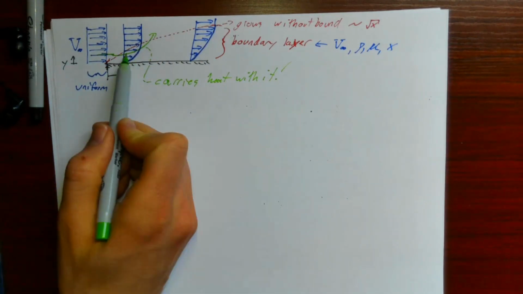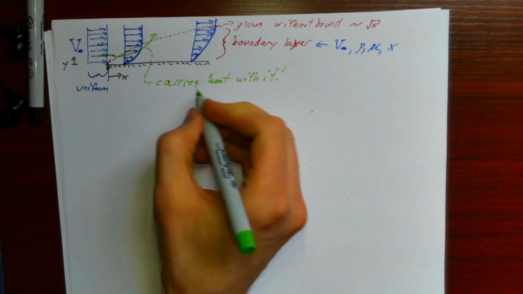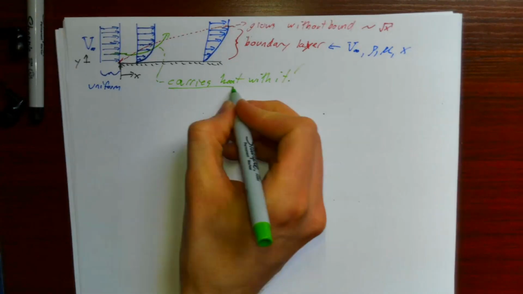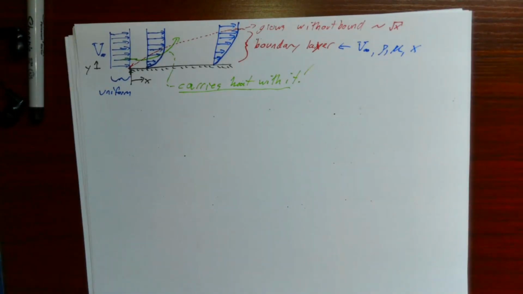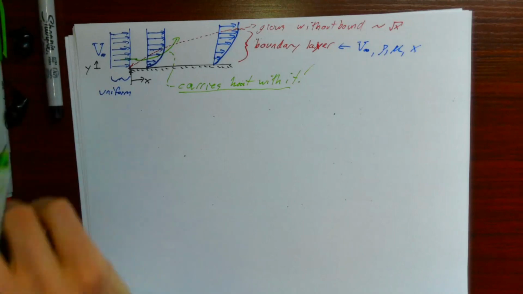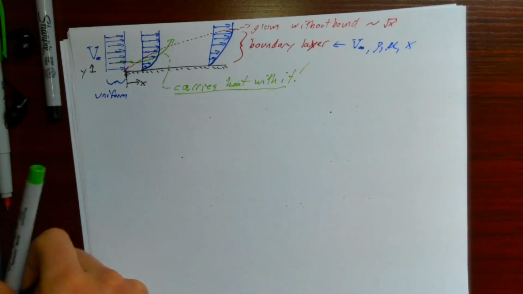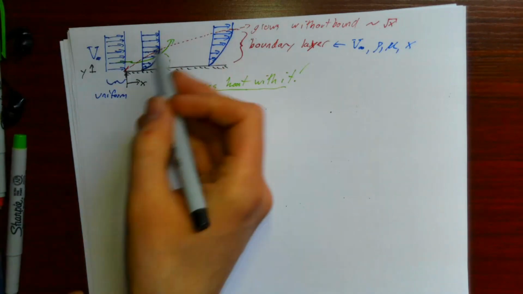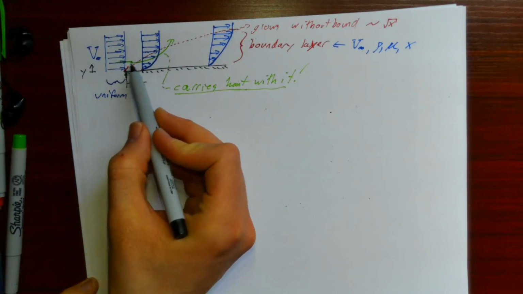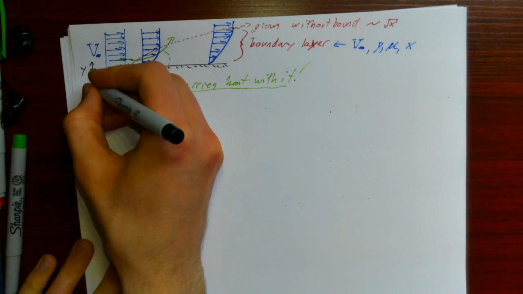And if you have cold fluid coming in and getting pushed out of the top, that carries heat with it. So this conservation of mass process essentially governs a fair fraction of this heat transfer.